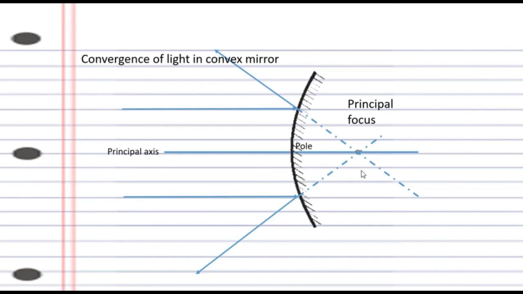Please recall the principal focus of a concave mirror. It's a bit different, and we will take up both together in the next video, so you will have a clear difference and practice of drawing. But the question sometimes comes, define the principal focus of the convex mirror. Okay, make it mirror here.